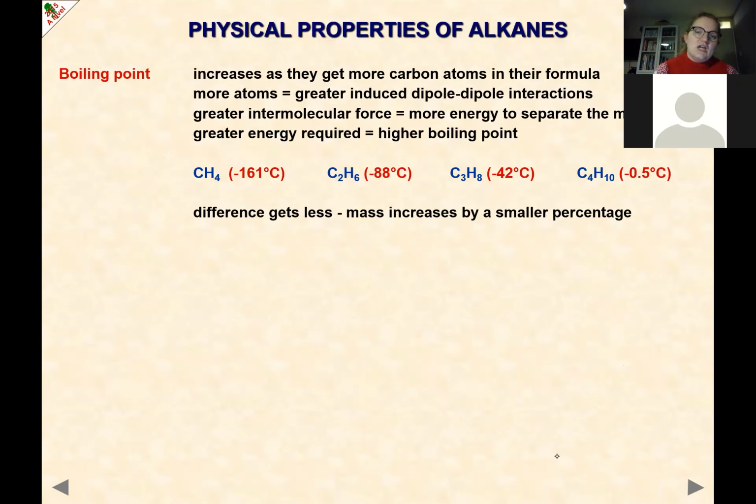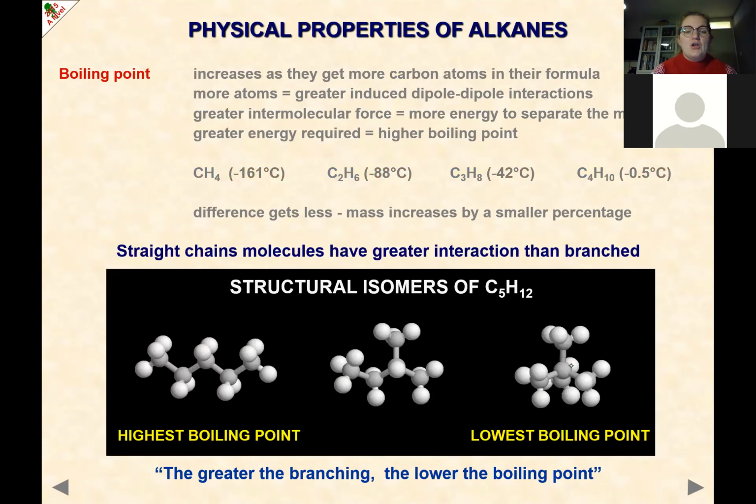We need more energy to break them, therefore they've got a higher boiling point. So that's why it increases. As you can see here, CH4 has a boiling point of minus 161, but C4H10 only has a boiling point of minus 0.5. So the difference gets less, because the mass increases by smaller percentages.